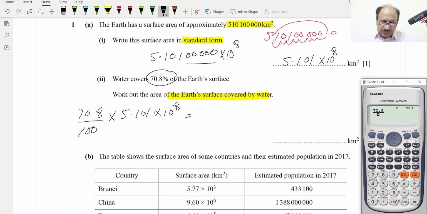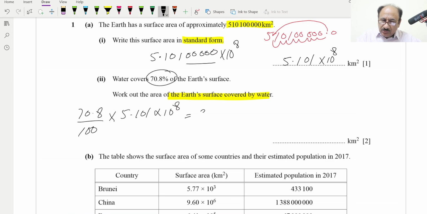70.8 divided by 100 and multiplied by 5.101 × 10 raised to the power 8, and this will be 361,150,800.